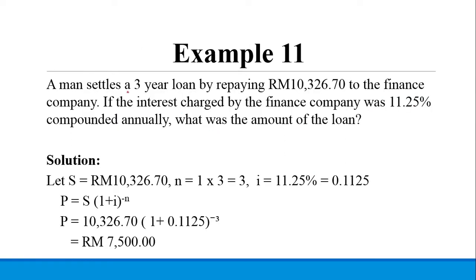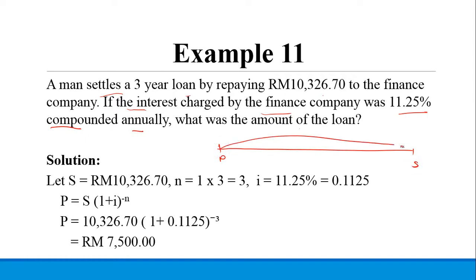Okay, let's say a man settled a 3-year loan by repaying this amount to the finance company. If the interest charged by the finance company was this percent compounded annually, what is the amount of the loan? So at the end, you know that this is P, this is S. How long is it? 3 years.